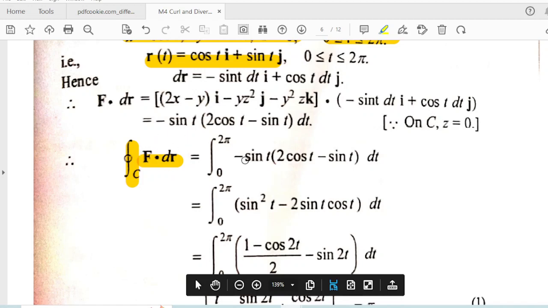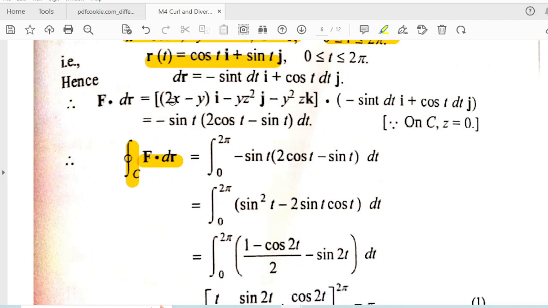So we know F bar, and we have to evaluate everything in terms of t. So F bar dot dr bar, dr is the derivative. So we differentiate r with respect to t, we get this equation, and we substitute it here. Now, when we do the dot product, we multiply. Now, we can say this is our value, and the limit of t is from 0 to 2 pi.